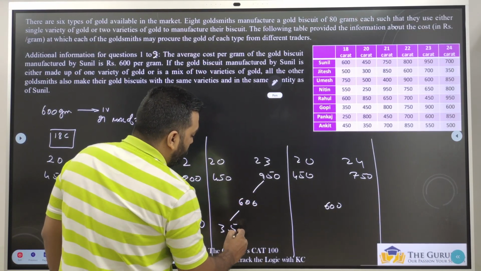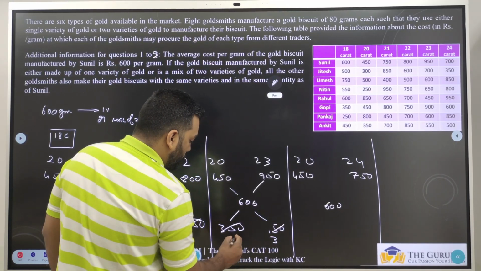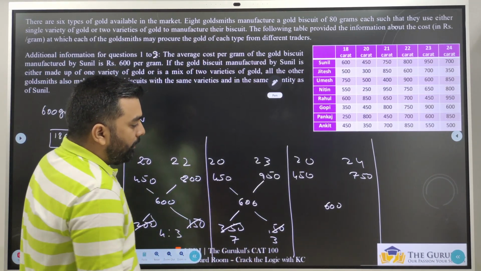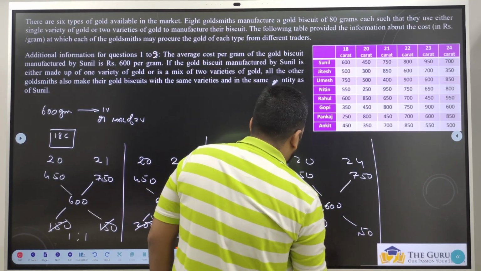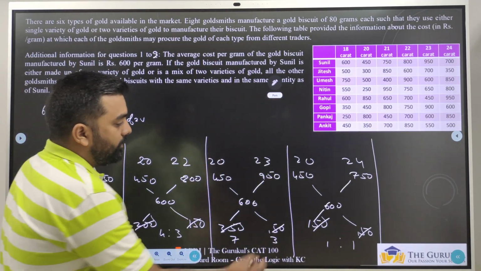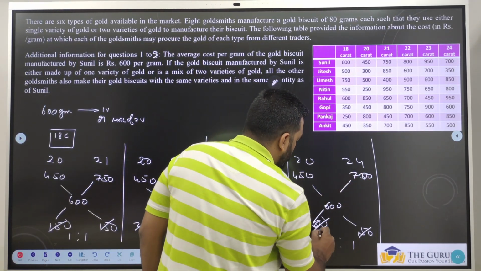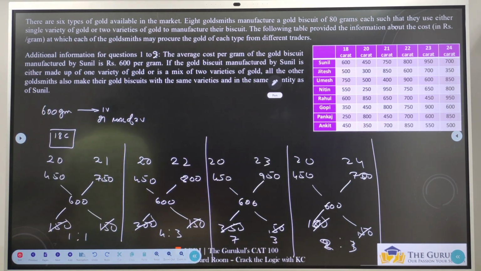This will be 350 and this will be 150, which is 7:3. And this will be 150 and this is also 150, which is 1:1. Sorry, this is 700. So this is 100, this is 2:3. Clear?